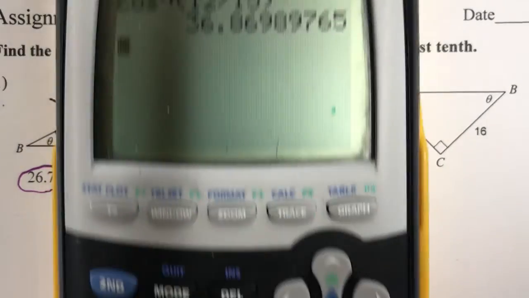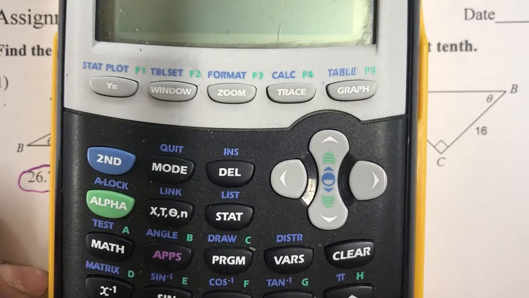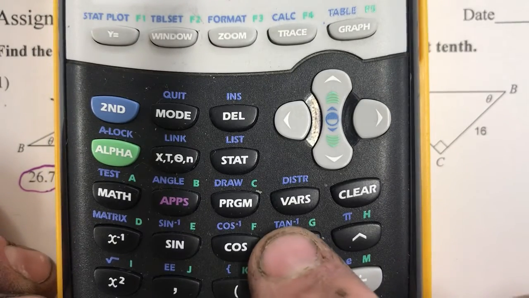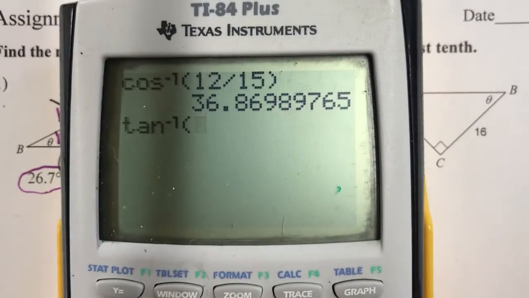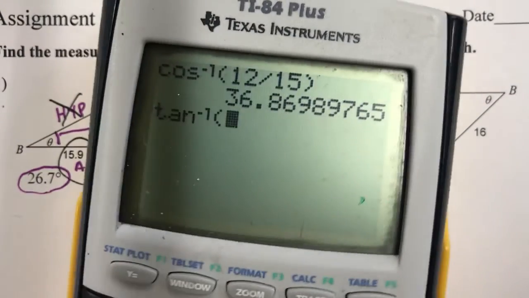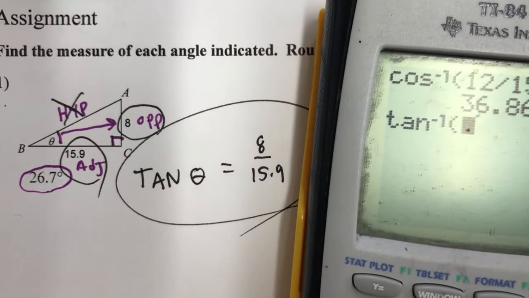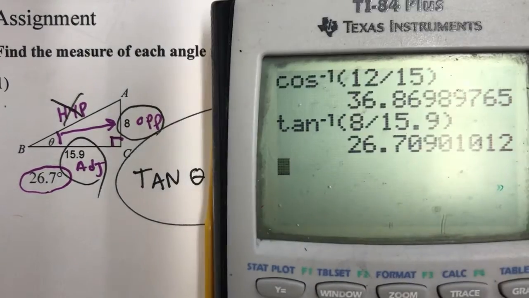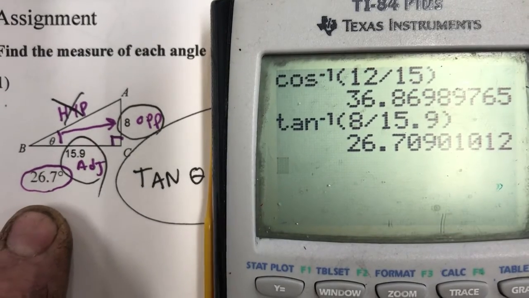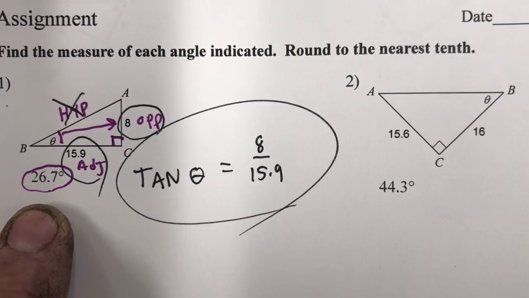All right, so here's tangent, and you can see tangent inverse right there in the blue. So I hit second, tangent inverse, and it comes on there. And I just type in, what was it? 8 divided by 15.9. And there it is, 26.7, just like we were told it was.